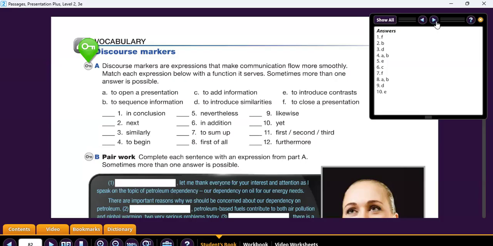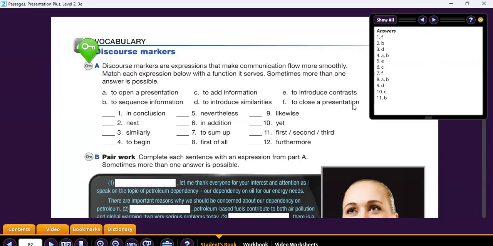You can use it to introduce contrasts. First, second, and third, to sequence information. Yes, very good.